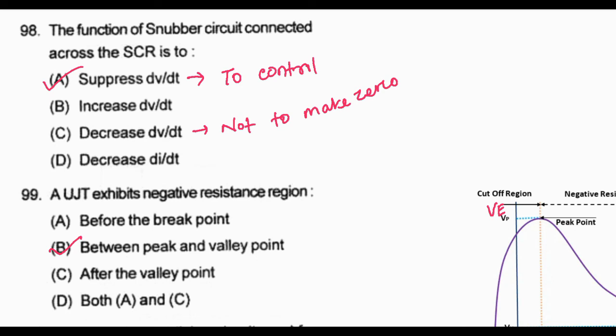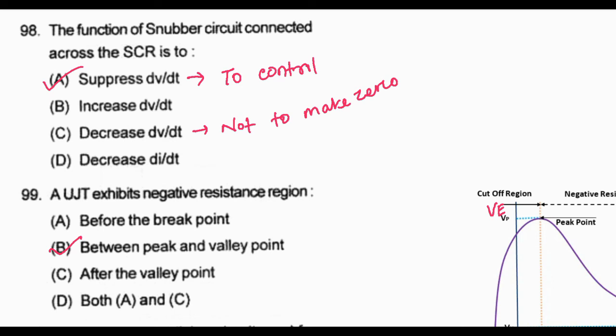So here we have to use English knowledge. Option A is suppress dV by dt, and option C is decrease dV by dt. You may think that suppress and decrease may be the same, but I have found that the dictionary meaning of suppress is to control, not to reduce to 0, and decrease may indicate we are reducing the dV by dt to 0.